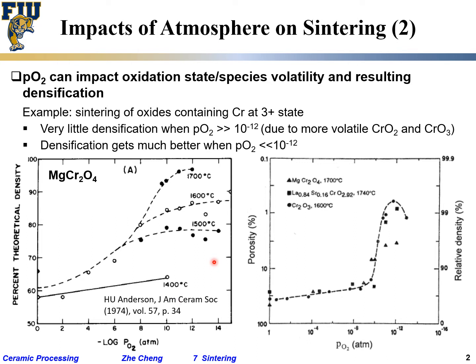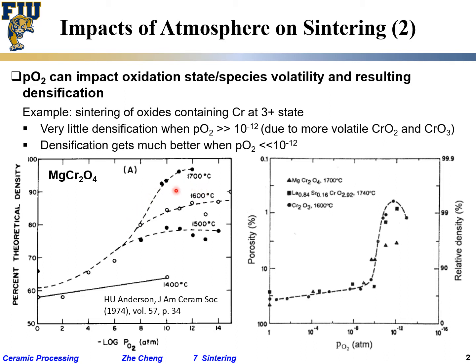How do you do that? You can use hydrogen, one possibility. You can use carbon monoxide. Make sense? Or use some carbon in the system to scavenge, to suck the oxygen, in a sealed container so that I reach something like this. And at the same time, you reach high temperature. Of course, the temperature will still benefit you.